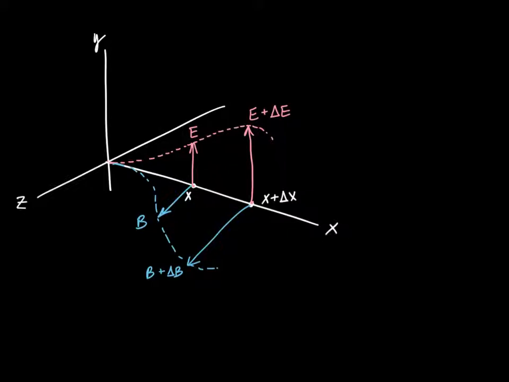So I'm going to create a rectangular loop. Okay? So this is going to be my surface, the path.